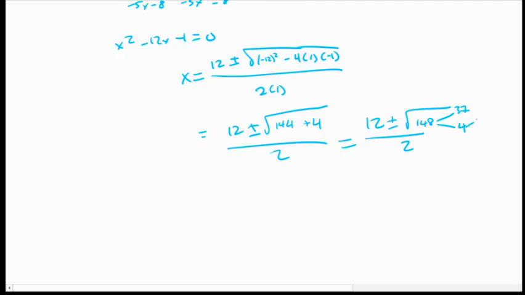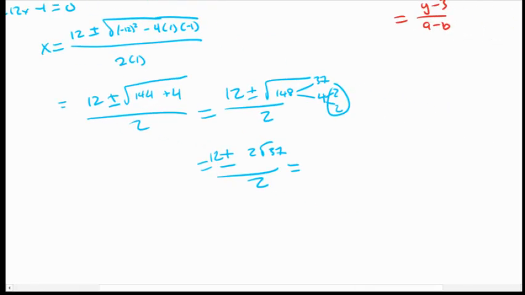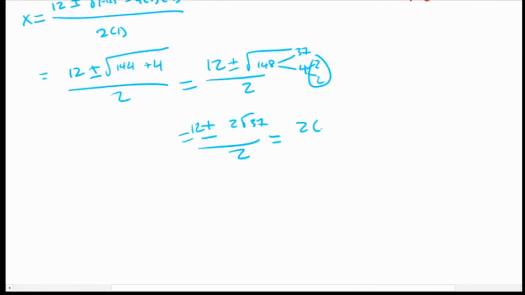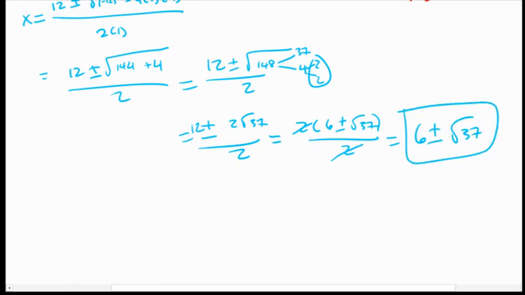And then the 4 breaks up into 2 and 2. And so I got 12 plus or minus 2 root 37 over 2. Oh boy, factoring out a 2 on the top and getting 6 plus or minus root 37 over 2. These 2's cancel and leave me with 6 plus or minus root 37. That was a doozy. But there's my final answer for the third one there.